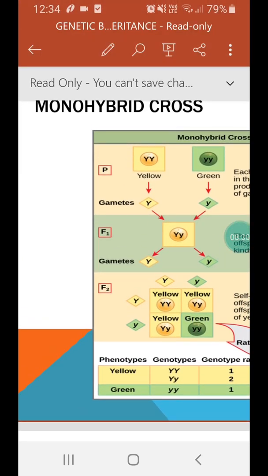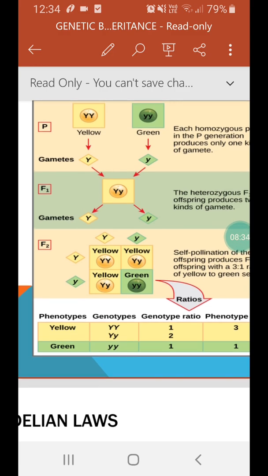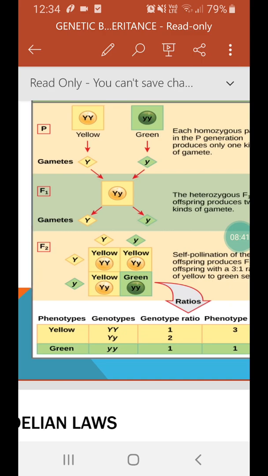Capital Y means yellow parents, YY, and for green it is small y. So the gametes formed are capital Y and small y.